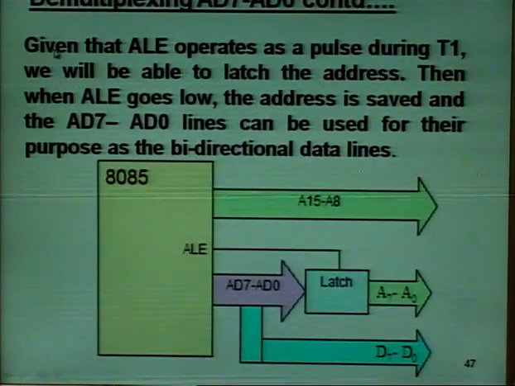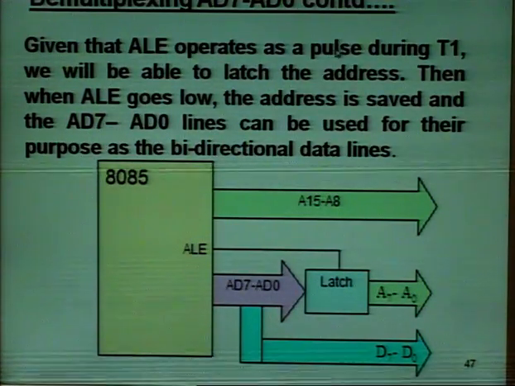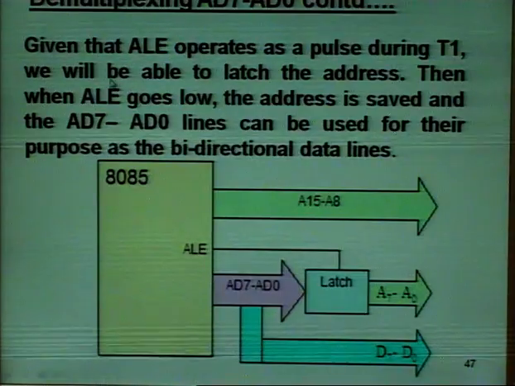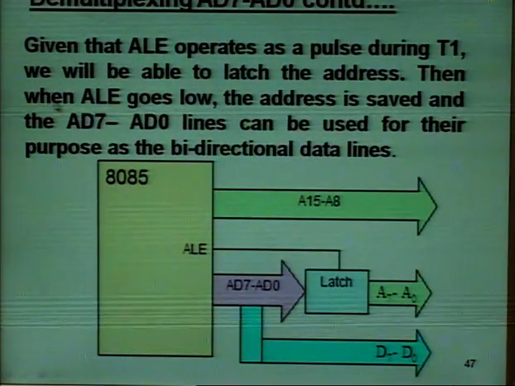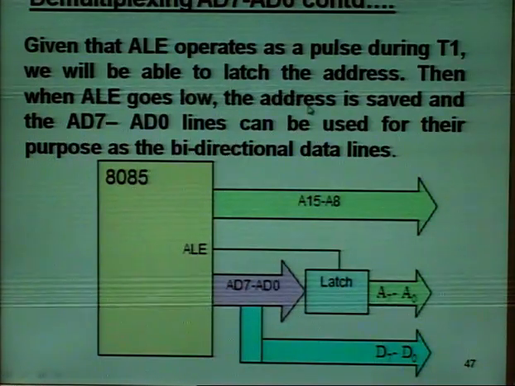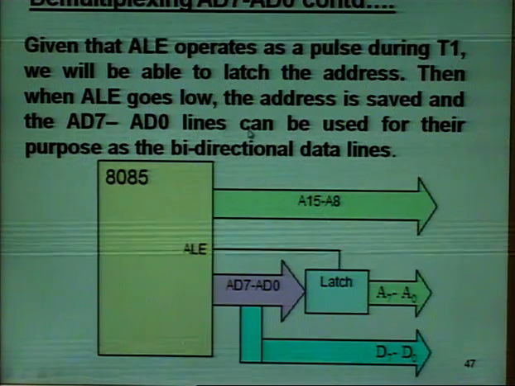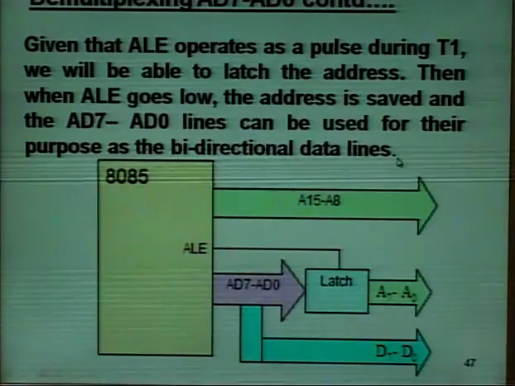Given that ALE operates as a pulse during T1, we will be able to latch the address. Then when ALE goes low, the address is saved and the AD7 to AD0 lines can be used for their purpose as bidirectional data lines.